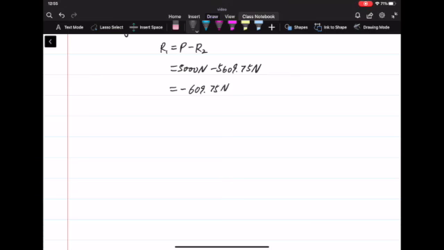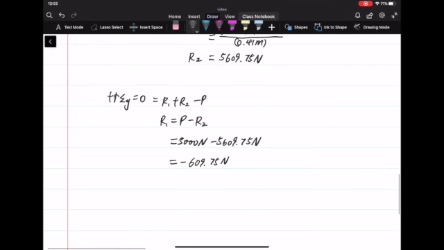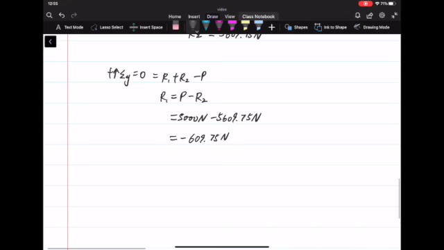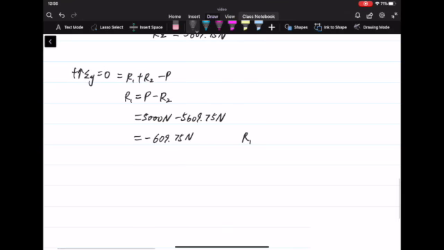The negative sign right here really just means that the direction of the reaction force is the other way. We predicted that the R1 force is pushing up, but in fact the force is actually pushing down. This is what the negative means.